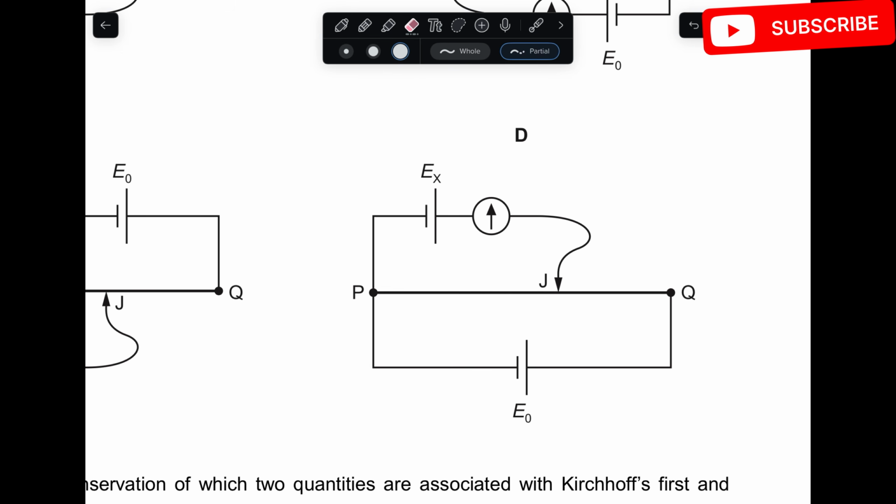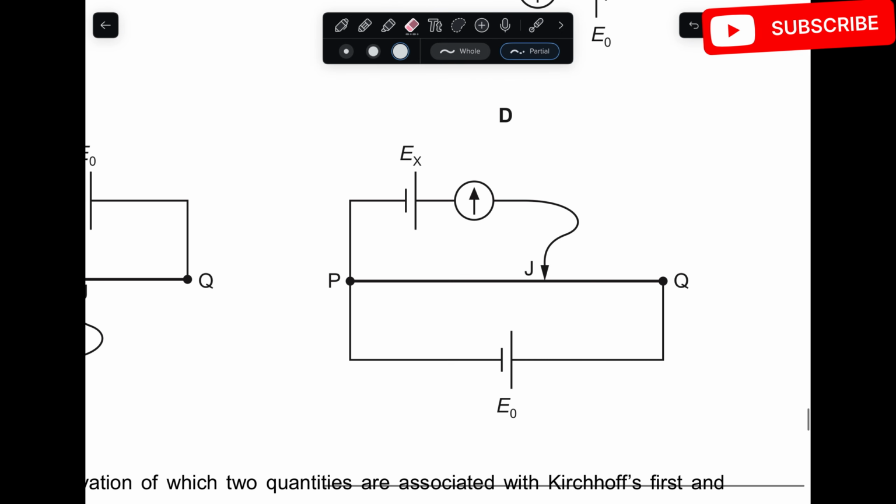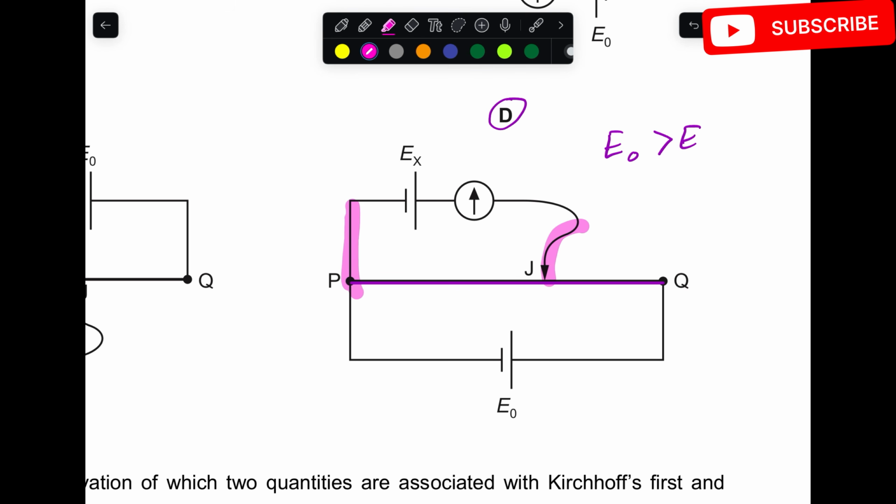By the way, we are left with only this option, so we already know this will be the right option. Secondly, we know E naught is greater than Ex, so this whole PQ voltage is greater. So when you take the voltage from this small chunk, or anywhere in between, it can balance this voltage, and this galvanometer can give you a null value. So this is a possible circuit.